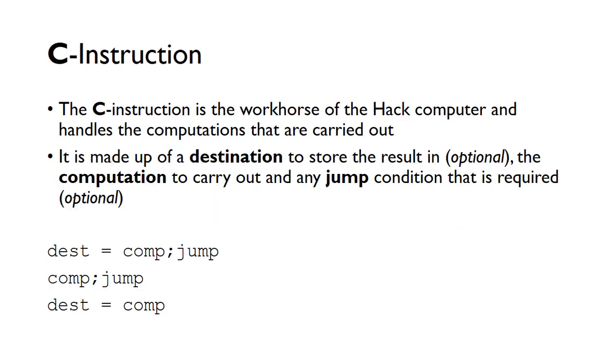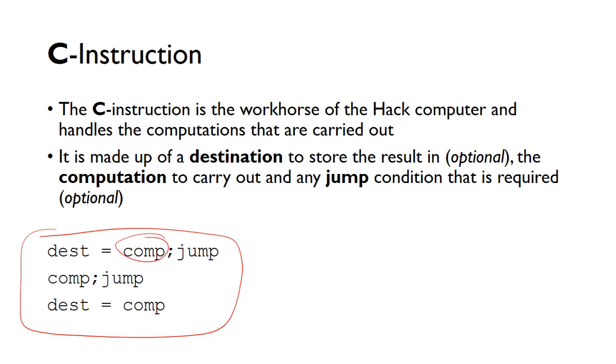So the C instruction is the compute instruction of the Hack computer, and it's the workhorse of your program, if you will. It's made up of a destination where we store the result of the operation, the actual computation we want to carry out, and then any jump condition that's required. There are actually 3 possible forms of this instruction.